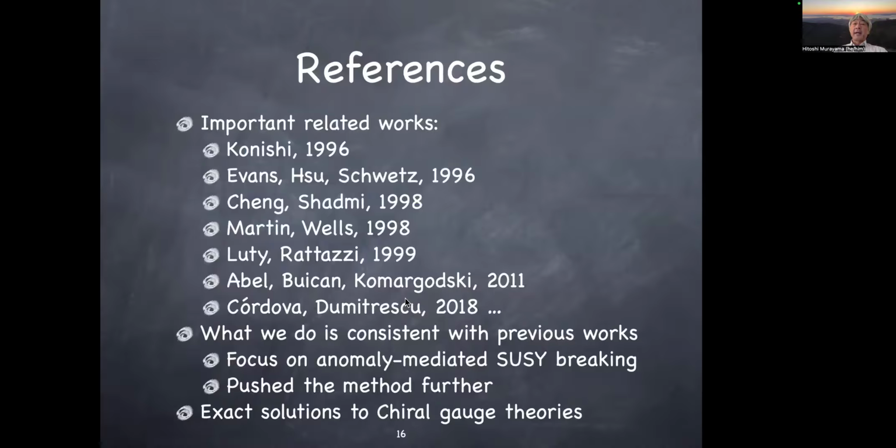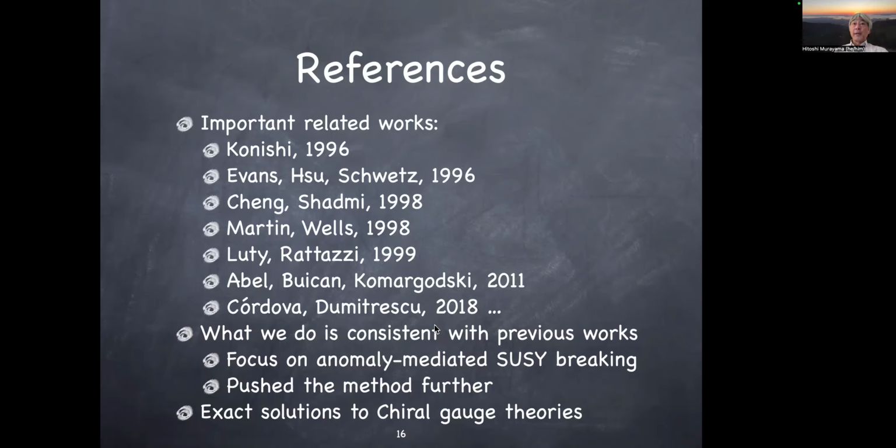This kind of idea of starting with the supersymmetric gauge theory and slightly breaking it was talked about a lot in the literature, especially in the 90s, and not much has been done more recently. It turned out they had the right ideas, but many of these efforts were abandoned for wrong reasons.